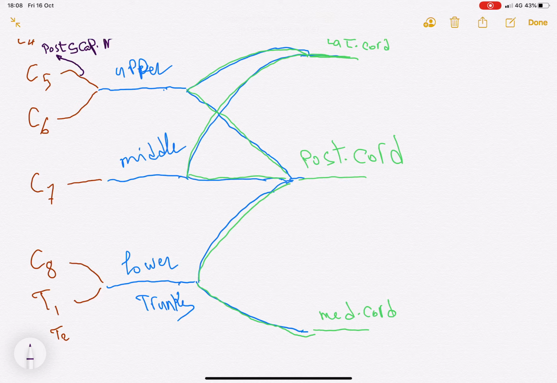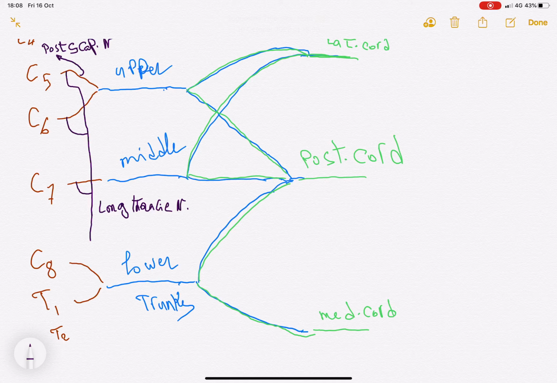Another branch comes from the roots again. When I start drawing it, I'm quite sure most of us will remember it. It comes from C5, C6, and also C7. It's quite long, and it is called the long thoracic nerve.